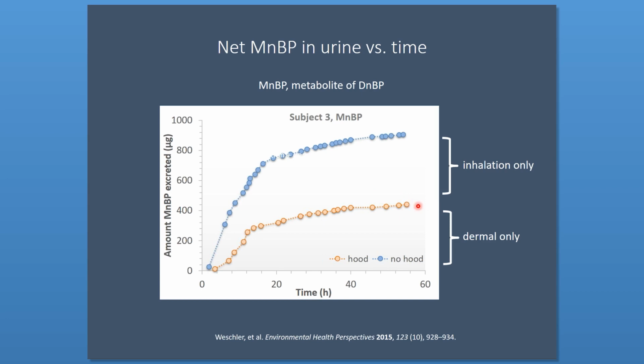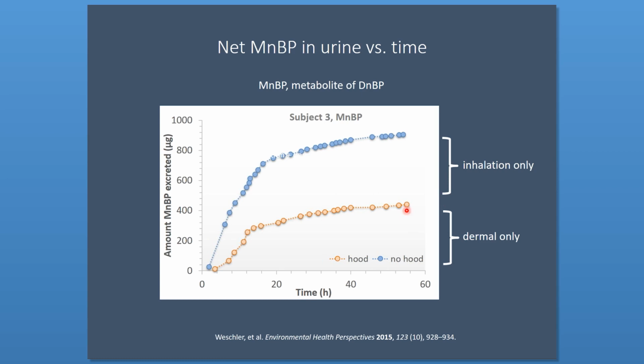And what you can see immediately is for this chemical, the amount that you see absorbed, and this is proportional to the amount absorbed, is that the dermal uptake is as much as the inhalation. The difference between these two is related to inhalation.